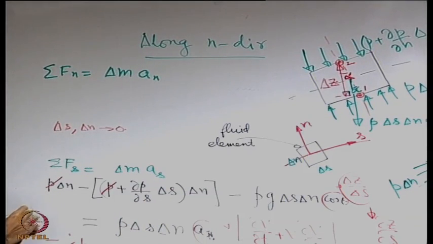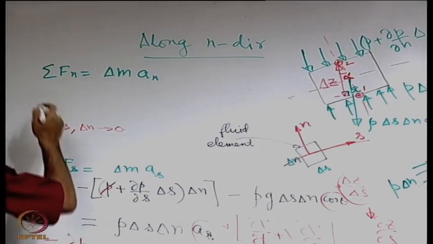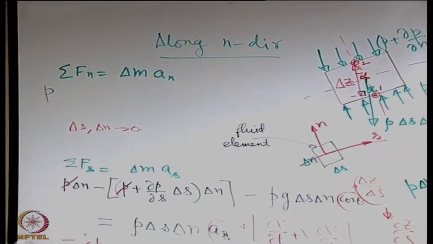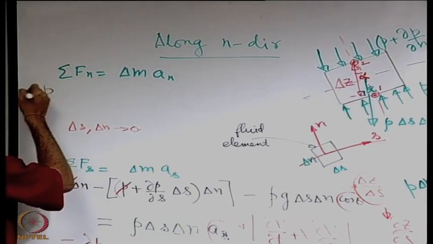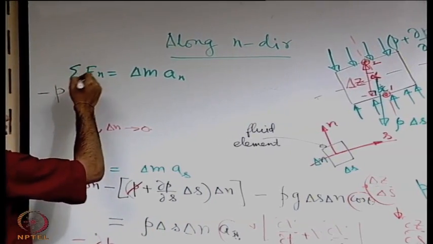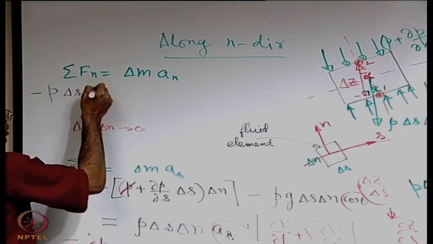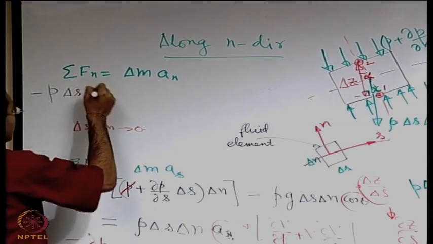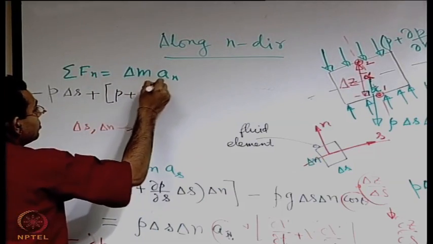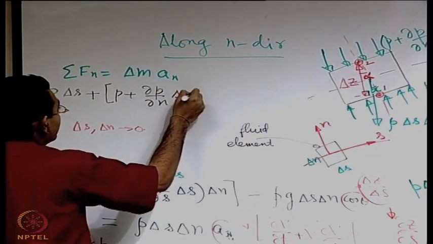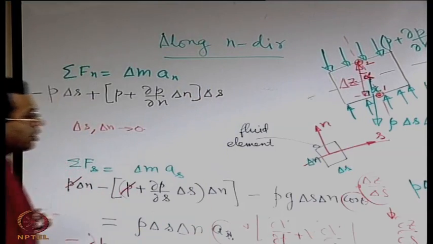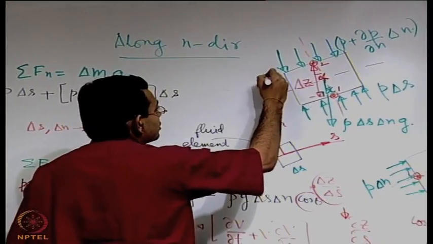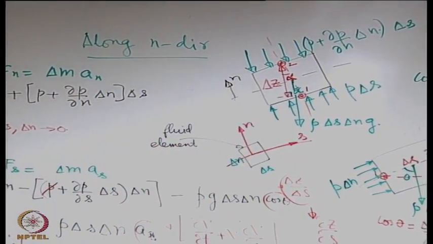So, let us write the left hand side. So, P into delta S first, minus P plus partial derivative of P with respect to n into delta n into delta S. Then again your positive n direction is outwards and the weight component is in the negative of that direction.